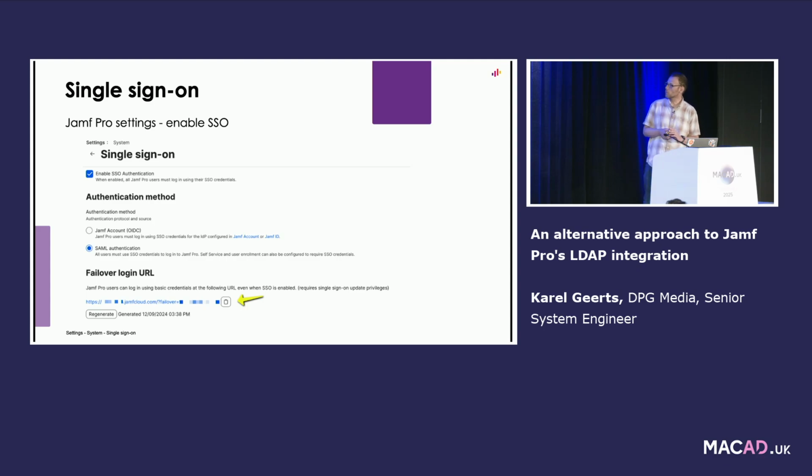Something important to note is that you should keep your failover login URL somewhere, because when you make a mistake in your configuration, it could be that you're locked out. So it's good to have that so that you can log in with a local Jamf Pro account if something goes wrong.